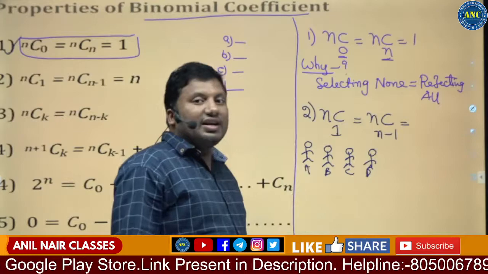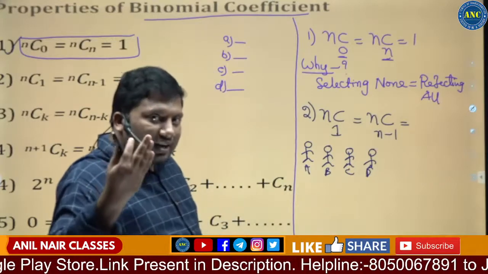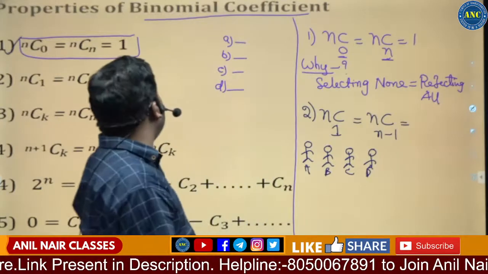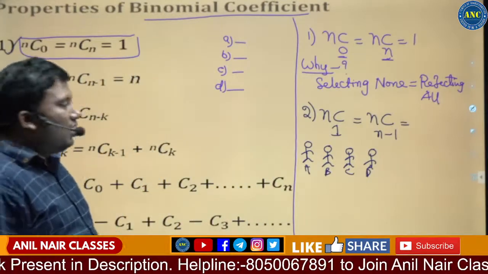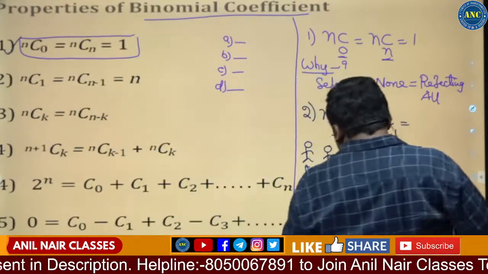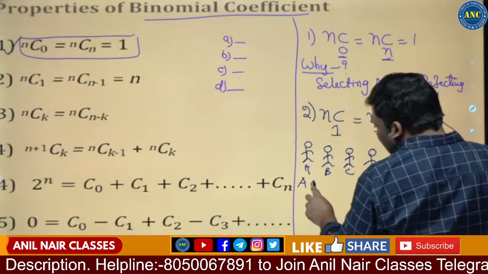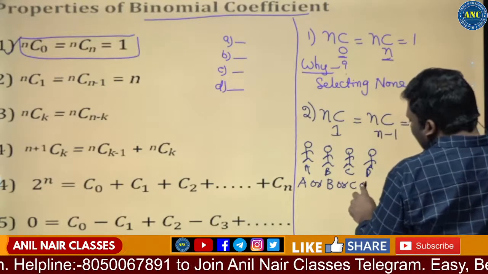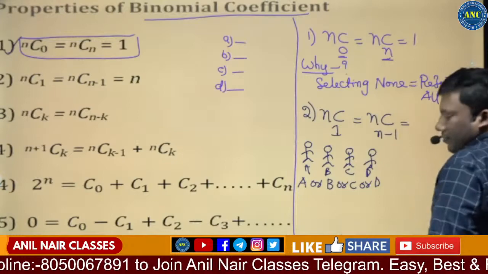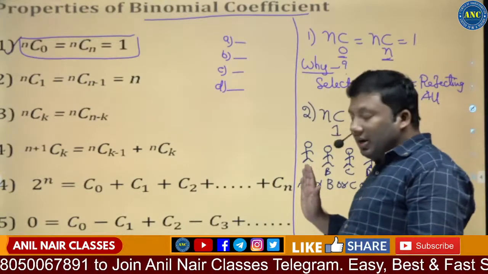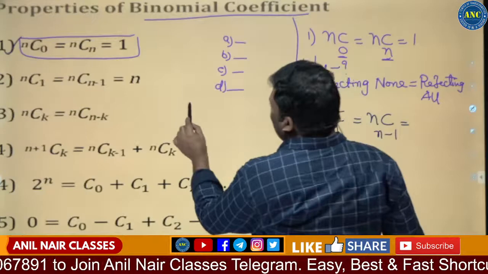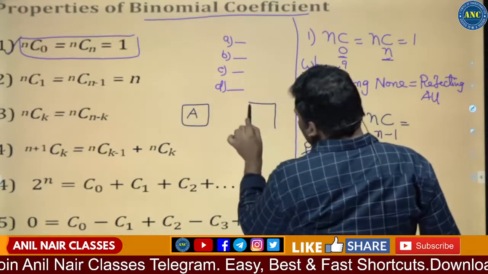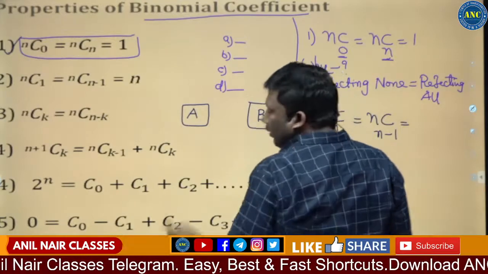Either I can select A, or B, or C, or D. Yes or no? Say I am at Hyderabad, Banjara Hills, and I need to go to a place, Himayat Nagar.